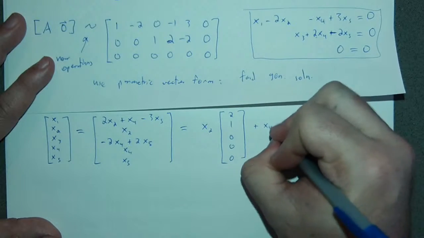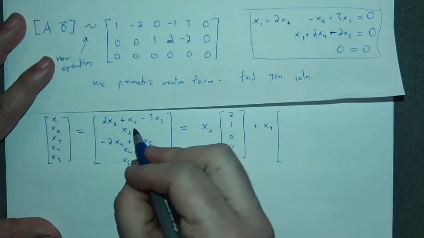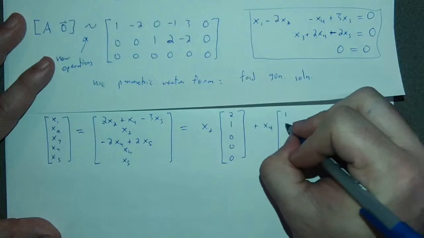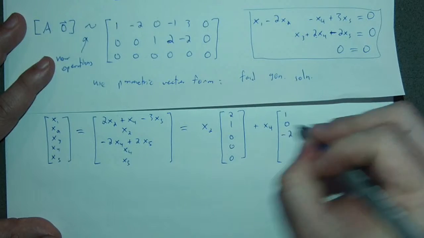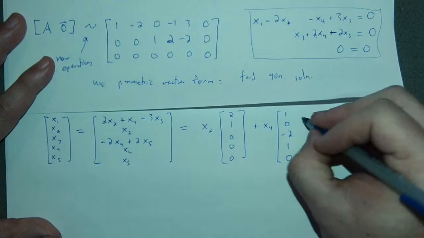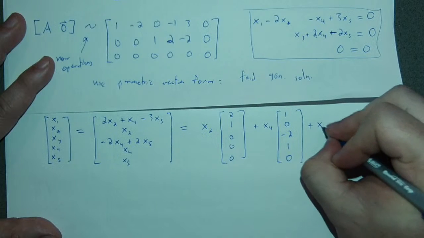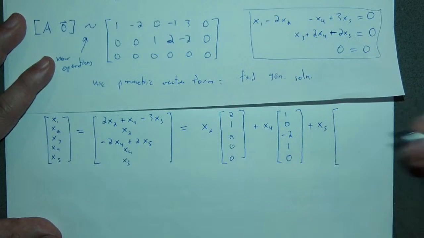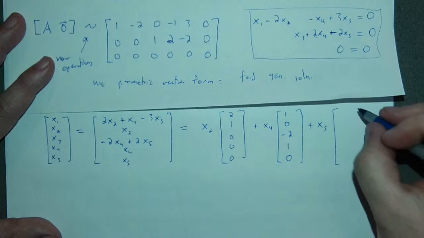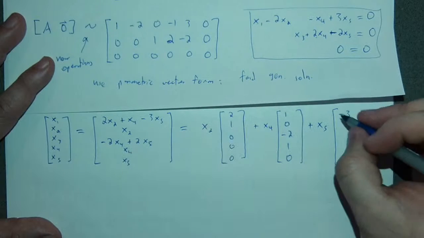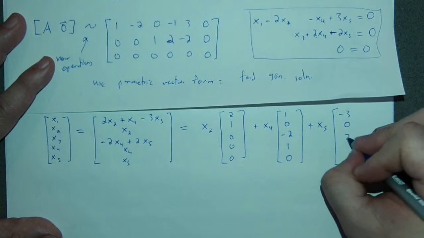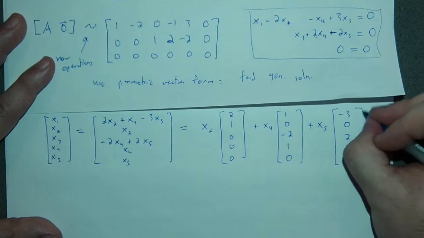Plus x sub 4 times 1, 0, minus 2, 1, 0. And then lastly, plus x sub 5 times minus 3, 0, 2, 0, 1. There we go.